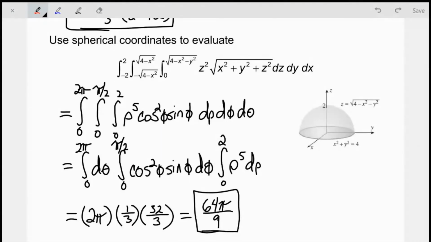Okay, so again, when it's convenient, the spherical coordinates can be very, very easy to work with. Now, also keep in mind, from an application perspective, we're still going to be seeing the same applications. We're going to see things with mass, center of mass, moment of inertia, same things we were looking at before, now in situations where spherical coordinates will be convenient to use.